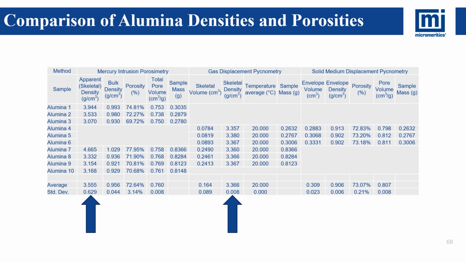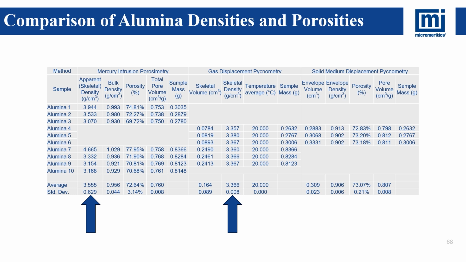There's a little more uncertainty because when we determine that calibrated penetrometer volume, we're measuring the mass of mercury that it holds, and we're using a density to calculate a volume, and sometimes we don't know exactly the temperature of the penetrometer. In addition to that, there is some heating of the mercury inside the penetrometer during the analysis, which impacts the density. The mercury may not have the same density at the end of the analysis as it did at the beginning, so there's just more uncertainty there.